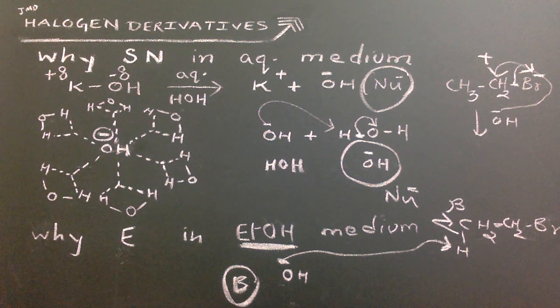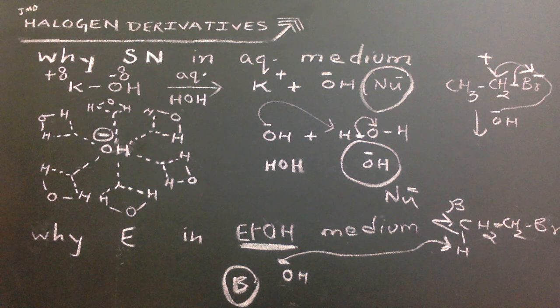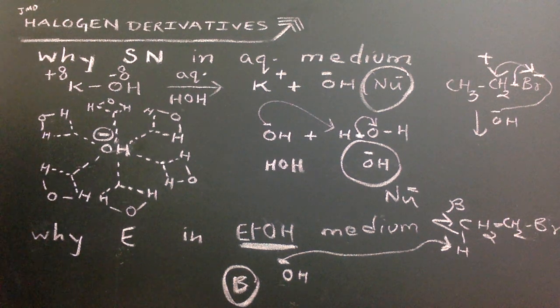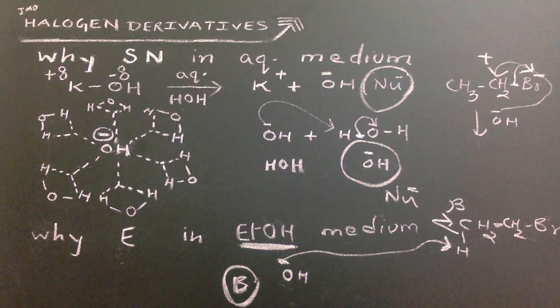Now, I hope this is clear. I'll just wait for some 4-5 seconds. You can have a look at the board, and then we proceed further with SN1 and SN2 reactions and E1 and E2 reactions.